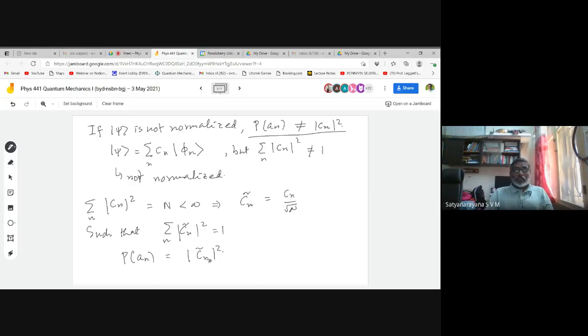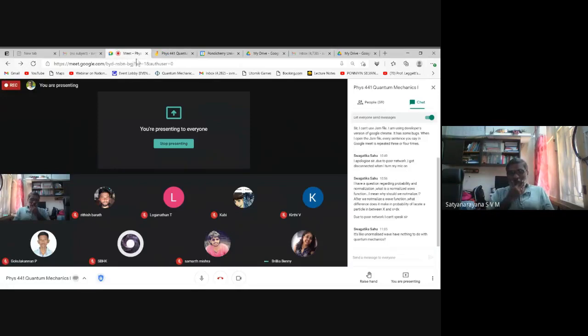So the interpretation of probability is linked to this normalization. If it is not normalized, this is not probability. And if it is not probability, then you should not use it in the expectation values. So this is what is to be kept in mind. You have to always use a normalized state.